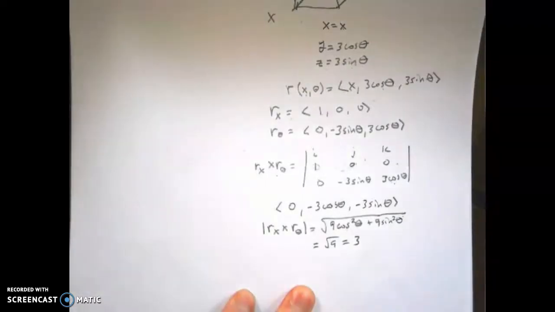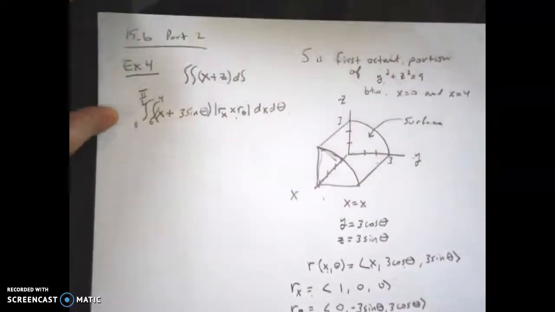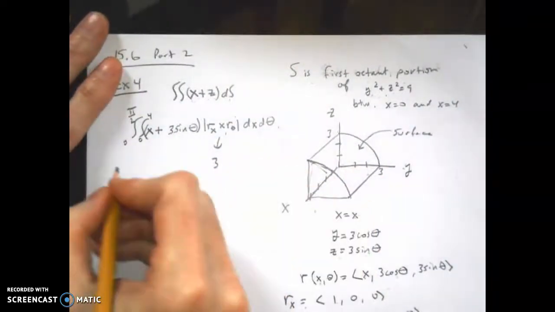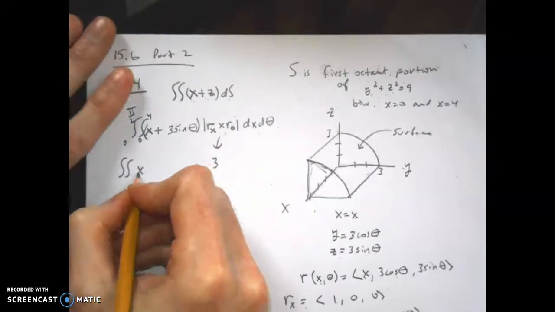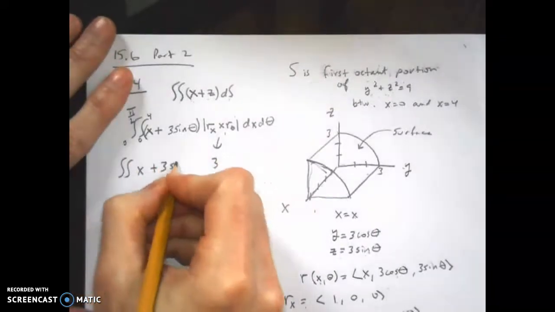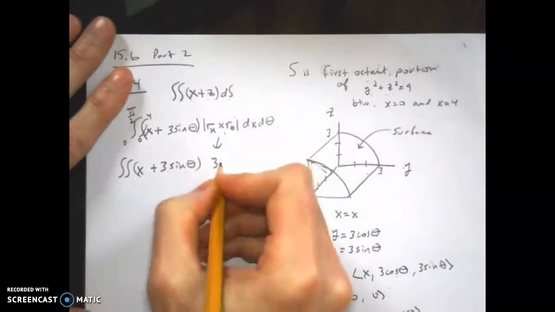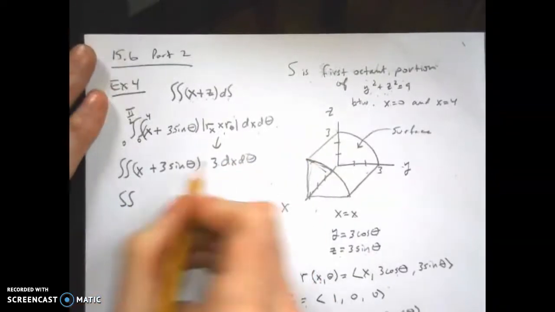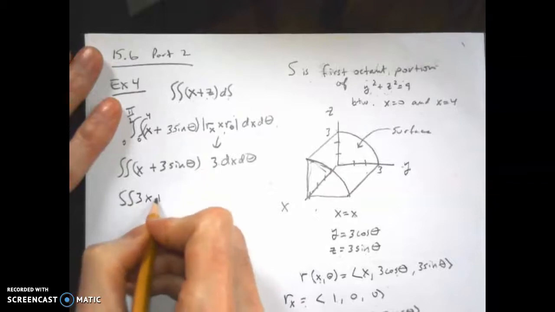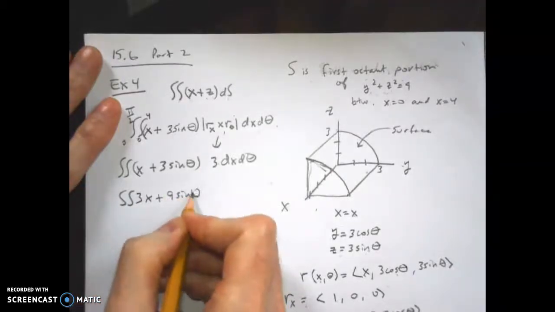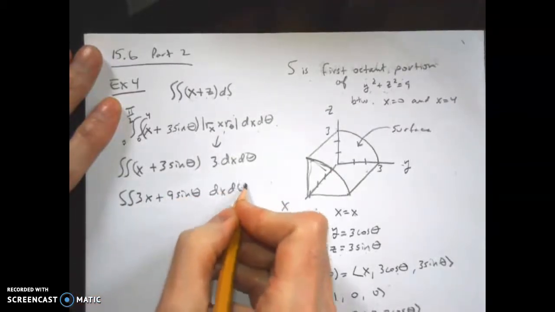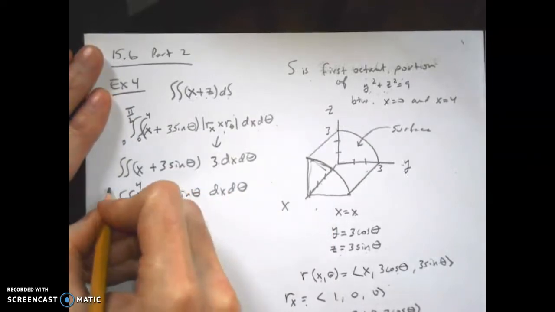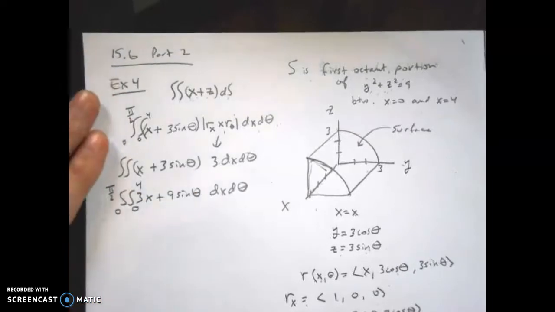So when we put that up in here, that's just a 3. So we've got the double integral of x plus 3 sine theta times 3 dx d theta. Let's distribute that 3: 3x plus 9 sine theta dx d theta, where x goes from 0 to 4 and theta goes from 0 to pi over 2.